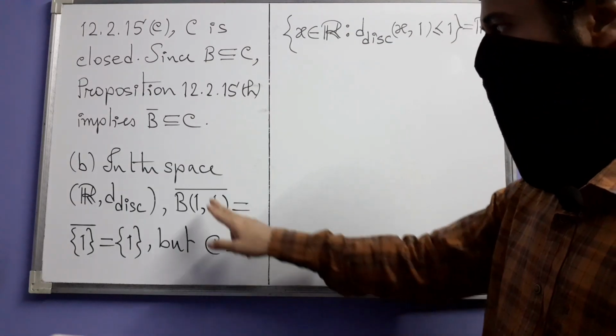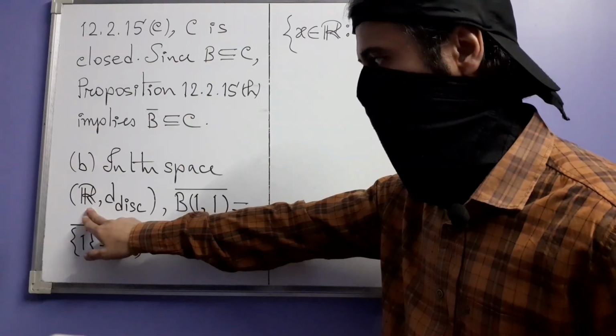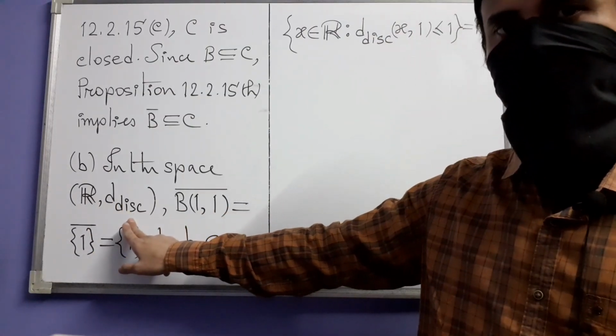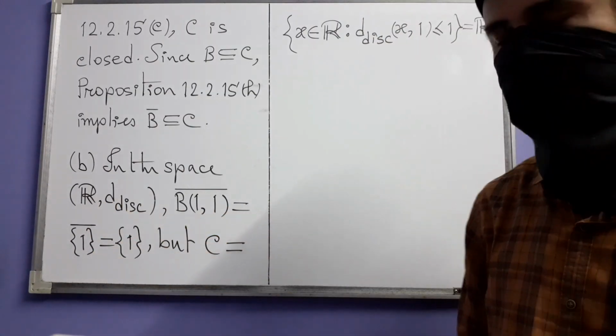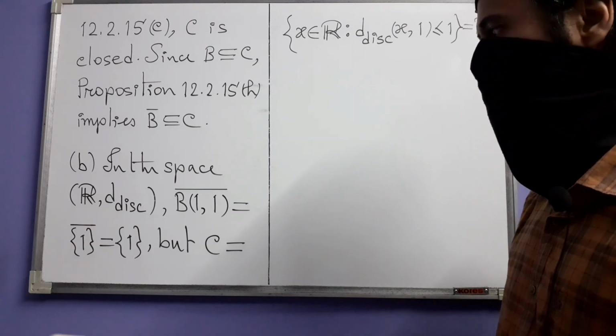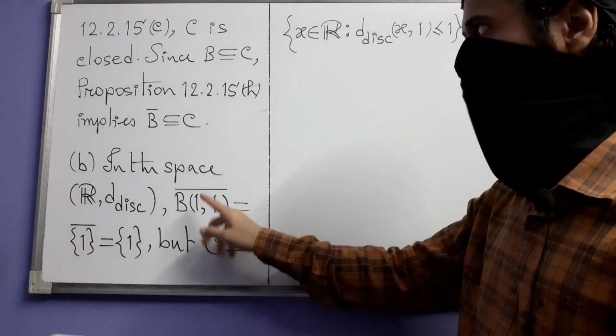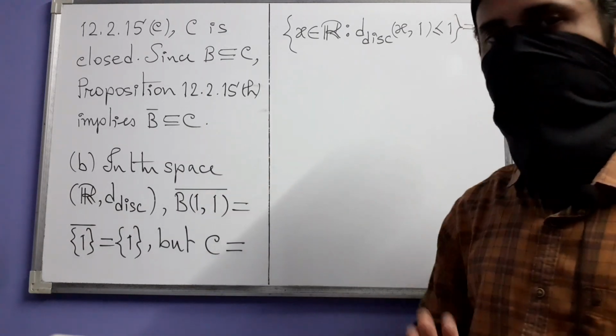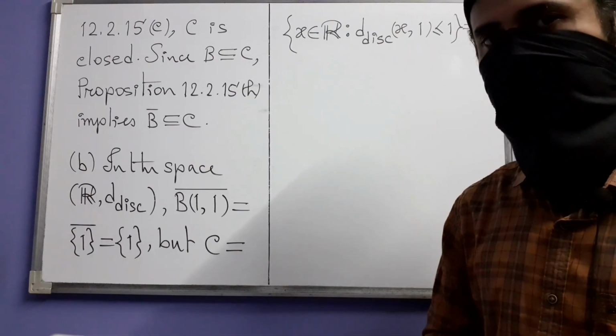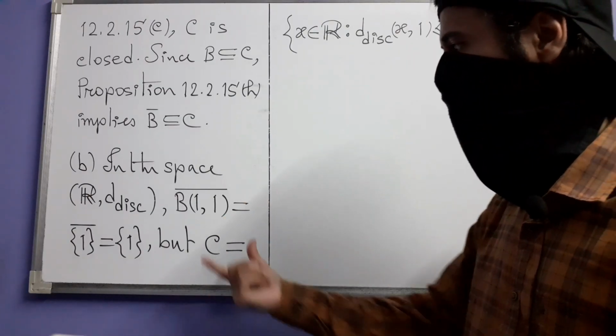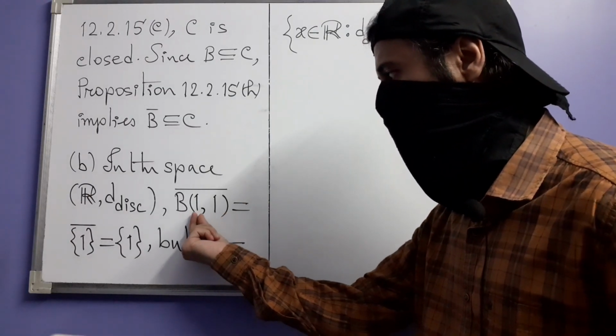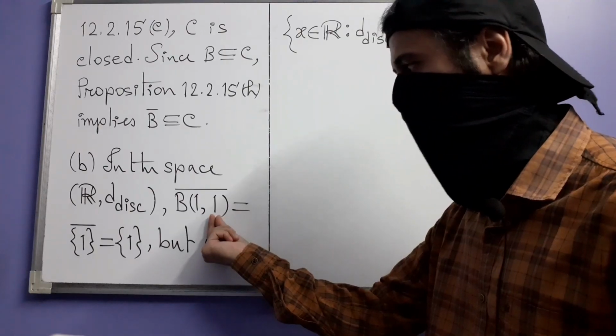For part B, we consider the set of real numbers with the discrete metric. So it becomes a discrete space. In this space, we take the point x0 equal to 1, and for the radius r also we take 1, and consider the open ball centered at 1 having radius 1.